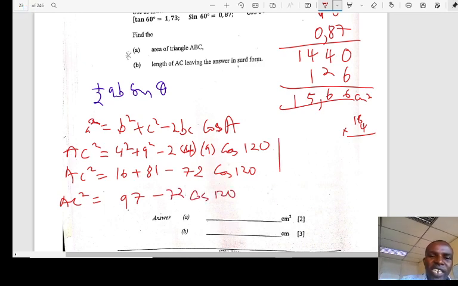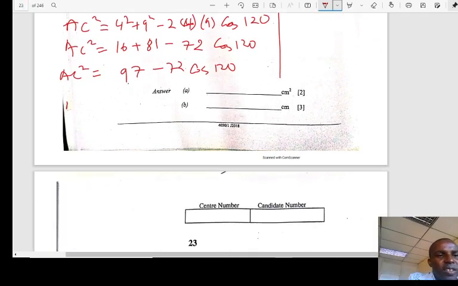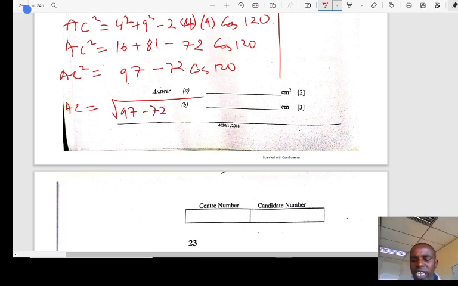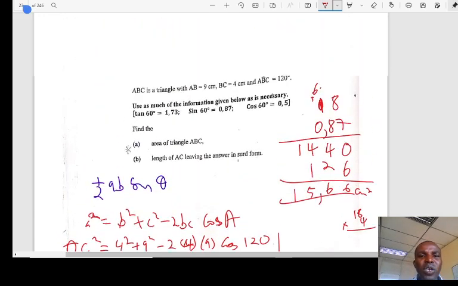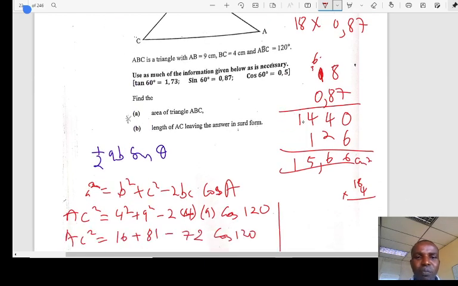Then to find AC, you write AC is equal to the square root of 97 minus 72 cos 120. Cos 120 and cos 60 have a relationship. If you prove it in your calculator, cos 120 is equal to minus cos 60.